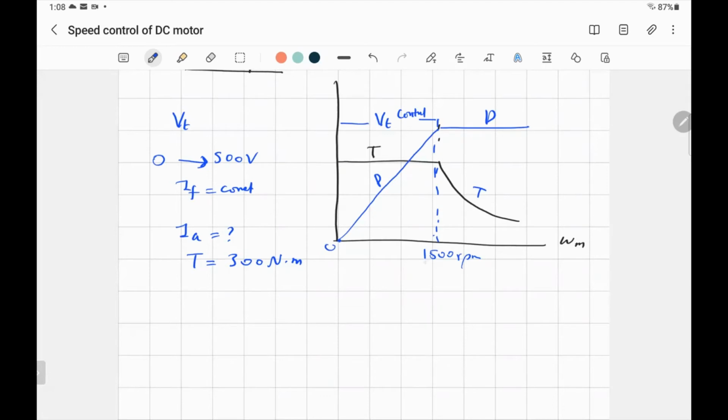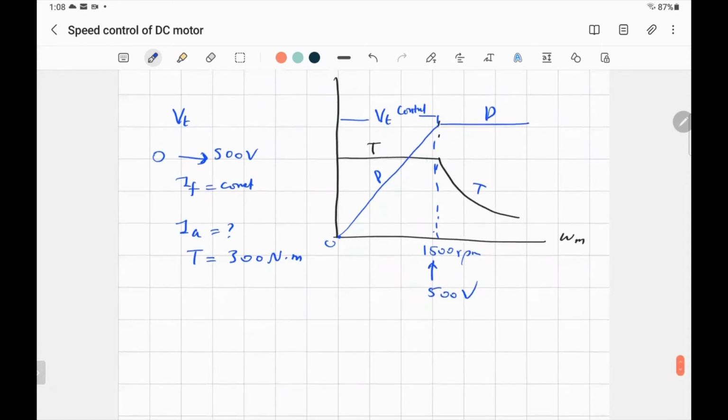So we know that the speed I want to reach is 1500, and I know the terminal voltage goes from 0 up to 500. When I reach the nominal speed, I will get 500 volts. And in general, E is equal to Ka phi omega.